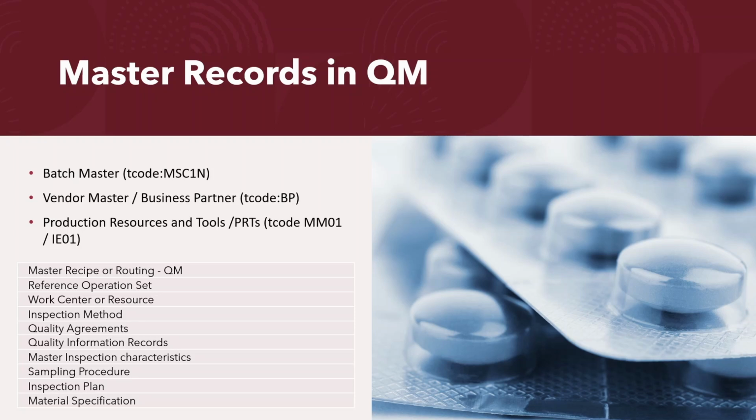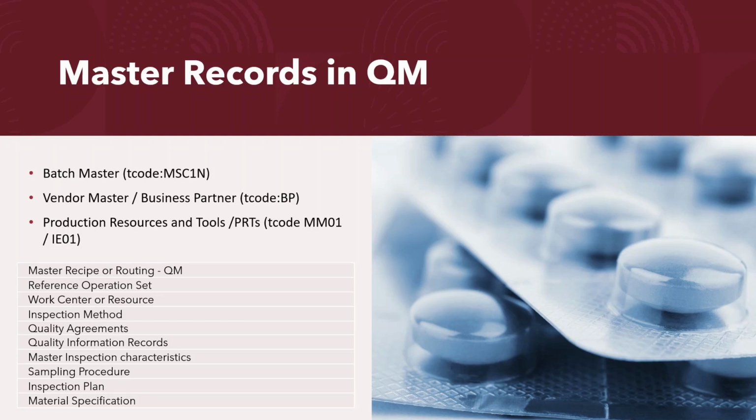If you have some lab equipment that needs to be calibrated, we will need to relate QM with PM in order to get the calibration process done properly, at the specific point in time.